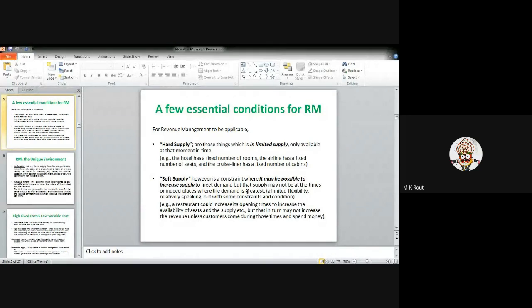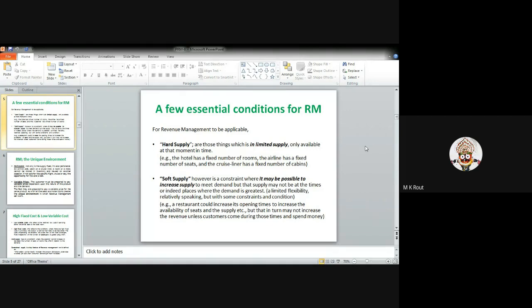For example, a hotel has a fixed number of rooms, airlines have a fixed number of seats, and cruise liners have a fixed number of cabins. But in the case of soft supplies, it may be possible to increase supply to meet the demand, but the supply may not be at the time or place where the demand is greatest.